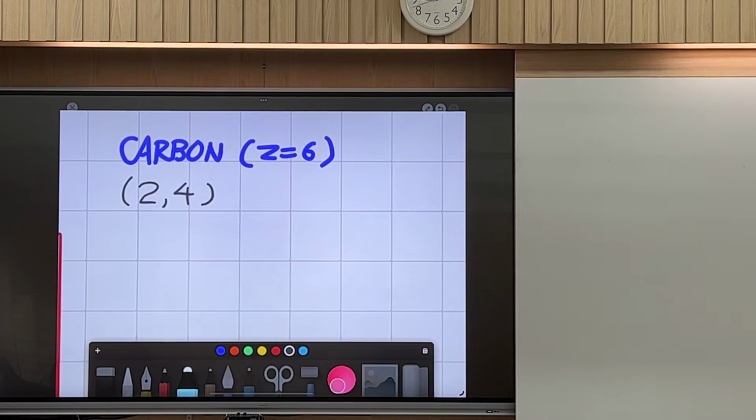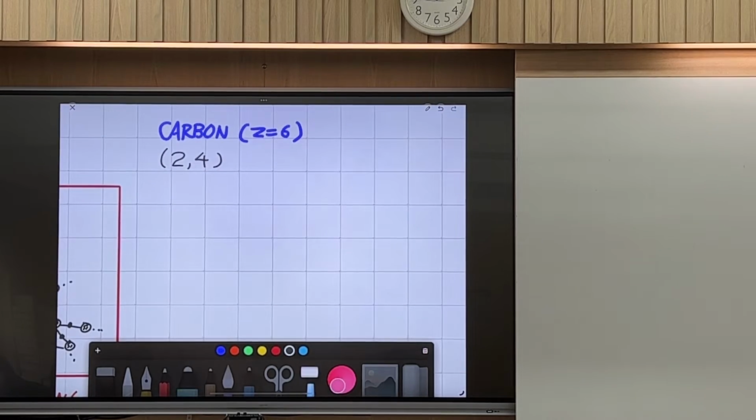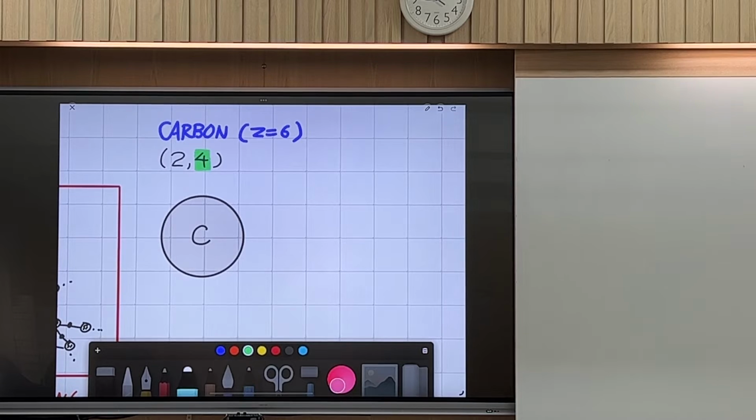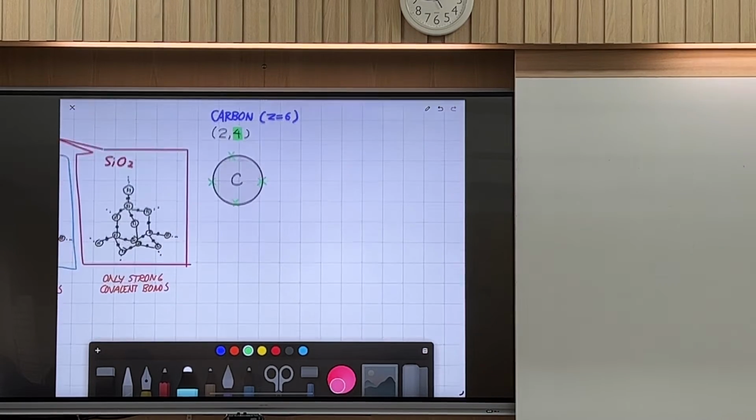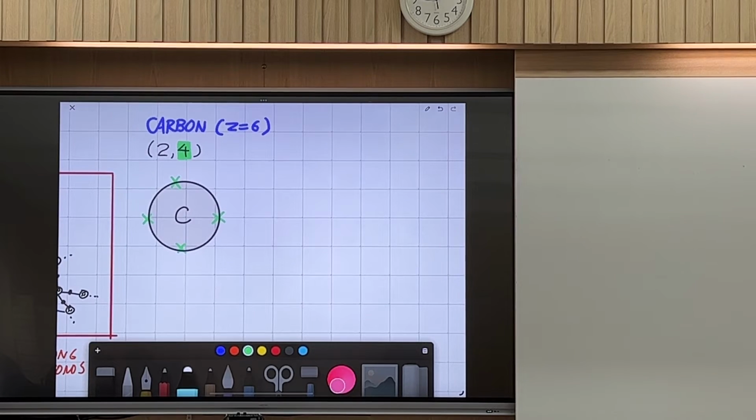So the electron arrangement is 2-4. That means it should have 4 outermost shell electrons. Can you highlight this number and then draw out carbon in here, showing 1, 2, 3, 4 electrons. So that means carbon can potentially form 4 bonds.